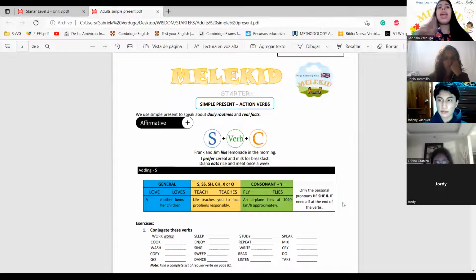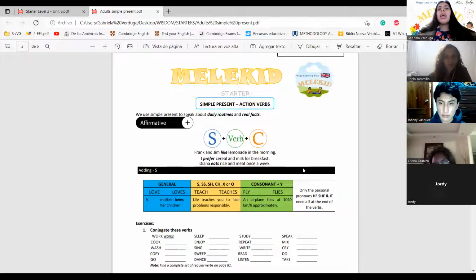The first rule is adding the letter s to the verbs, but only with the personal pronouns he, she, and it. Yes, to be conjugated, the general rule tells us we have to add s. The second rule: the verbs ending in s, sh, ch, x, or o, you are going to add es, like teach, teaches.